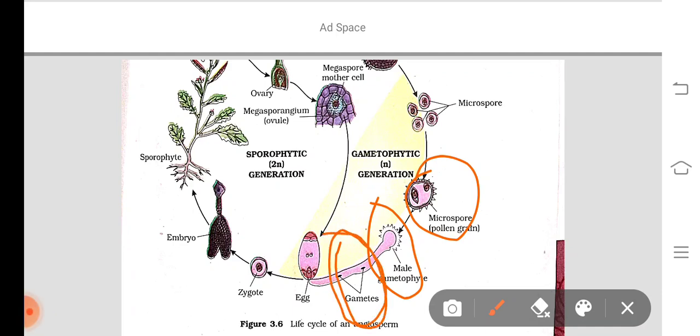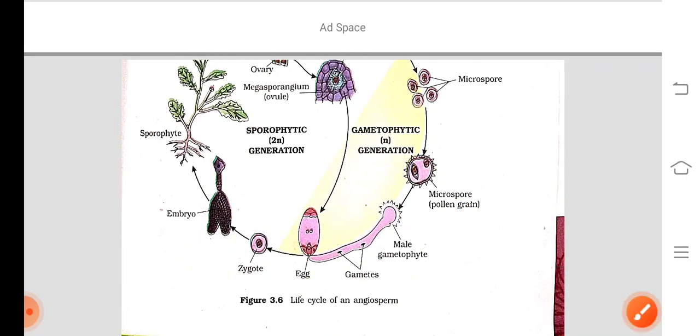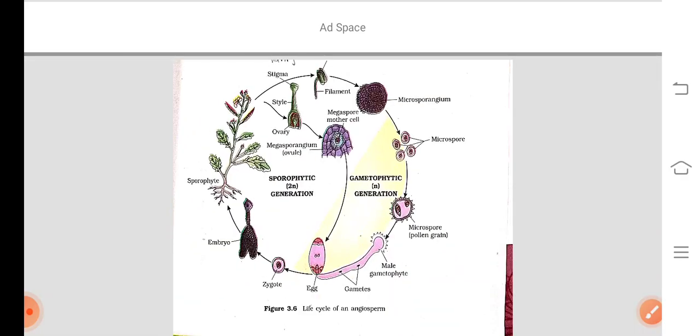We have seen that the two male gametes go to the ovary, one fuses with the egg and one fuses with your polar nucleus. So again a zygote will be formed, again embryo, again sporophyte, and this cycle will continue. Okay, so this is the life cycle of angiosperm.